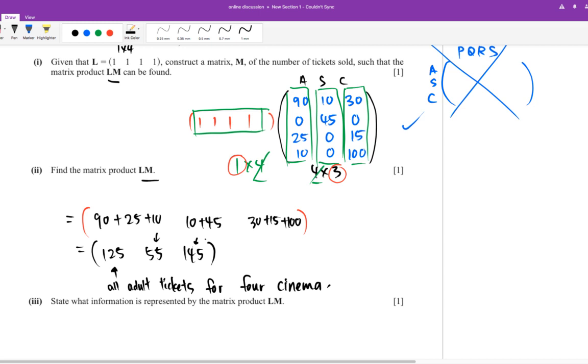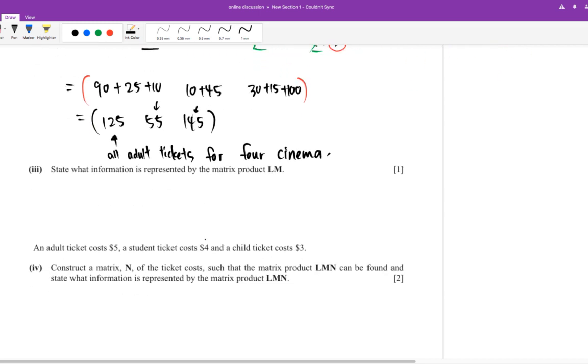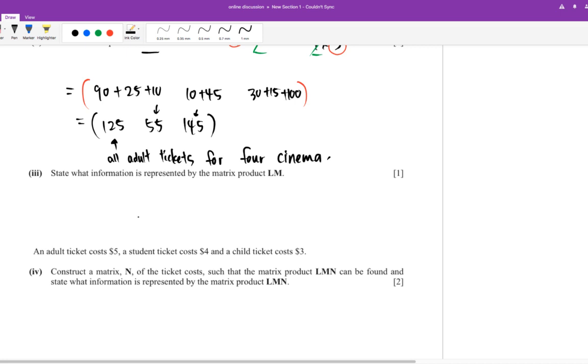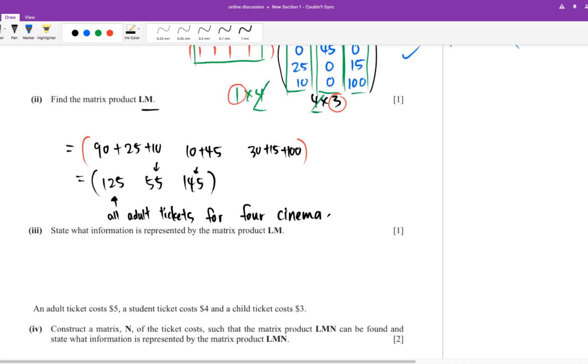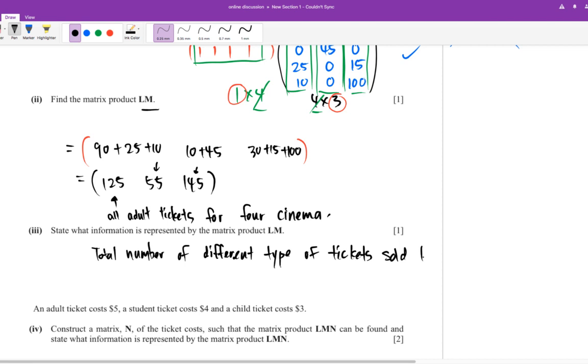If you want to write it nicely here, you can say what information is represented by LM: the total number of different types of tickets sold by all cinemas on weekdays.